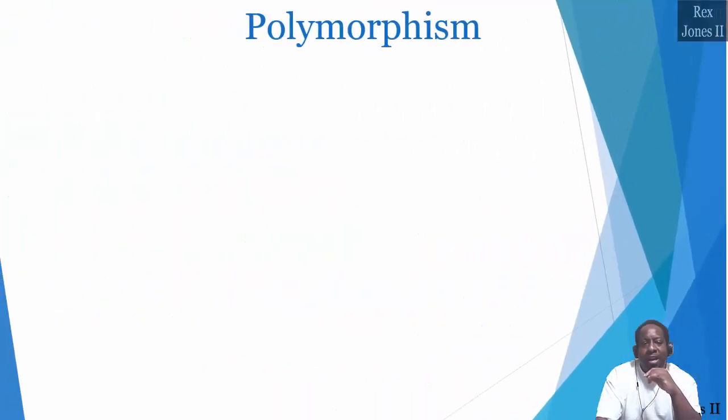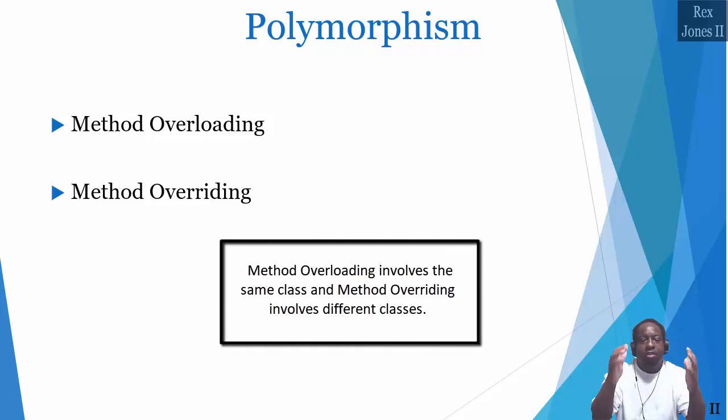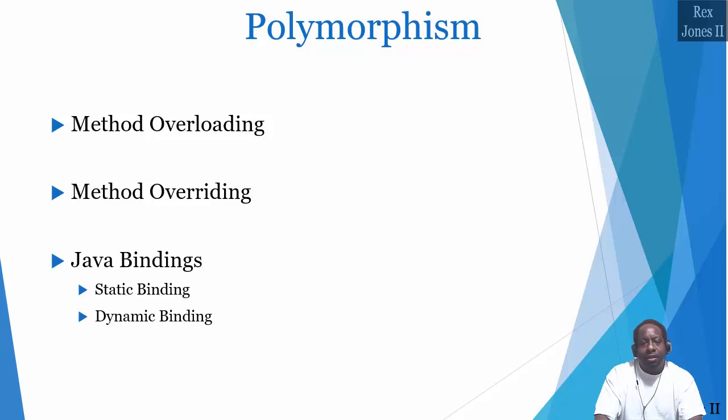There are two ways to implement polymorphism: method overloading and method overriding. Method overloading involves the same class, and method overriding involves different classes. In this polymorphism session, we will investigate method overloading, method overriding, and both Java bindings.